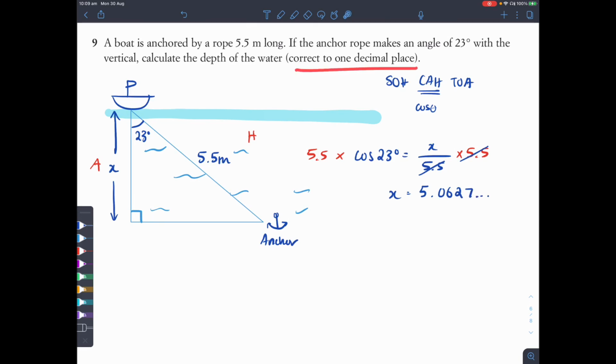And because they want us to round this to one decimal place, let's see, that number 6 is above 5, so that number 0 must go up by 1. So it's 5.1 meters.